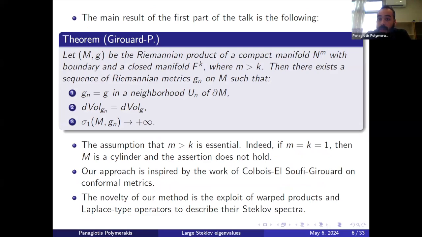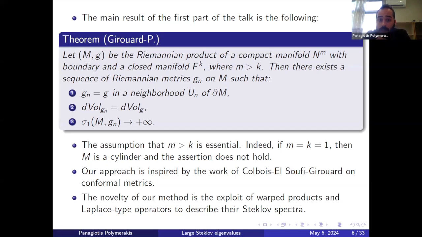Suppose that we have the Riemannian product of a compact manifold with boundary with a closed lower dimensional Riemannian manifold, for instance, a surface with boundary times a circle. Then we can find on it a sequence of Riemannian metrics which coincide near the boundary with the product metric, have the same volume element, not just the same volume, and have arbitrarily large first non-zero Steklov eigenvalue.